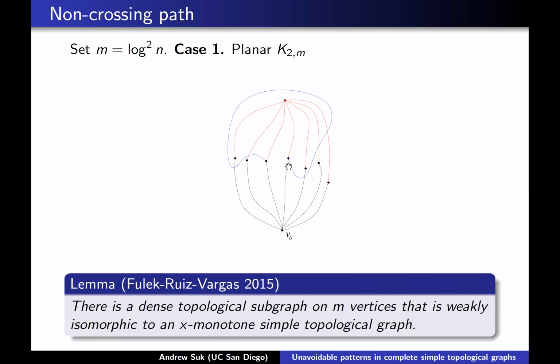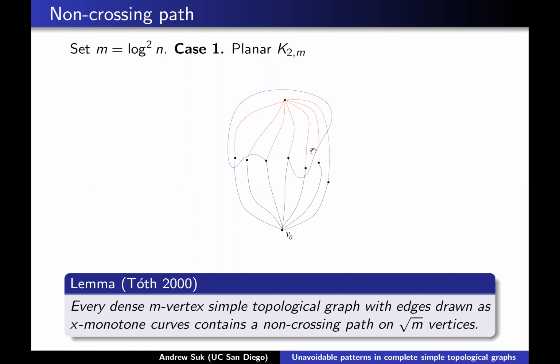So you can find half of these edges that behave in an x-monotone way, or you can redraw it so that it's x-monotone and weakly isomorphic to the old drawing. Once you have many edges that are x-monotone, you can apply an old lemma due to Tóth, who showed that every dense m-vertex simple topological graph with edges drawn as x-monotone curves contains a non-crossing path on square root of m vertices.